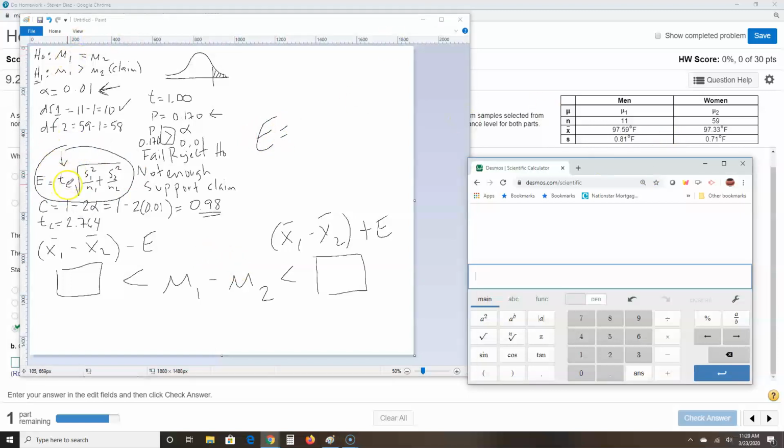TC, 2.764, times the square root of S1, 0.81 squared, over N1, which is 11, plus S2, 0.71 squared, over N2, which is 59. How much is my E? 0.722.